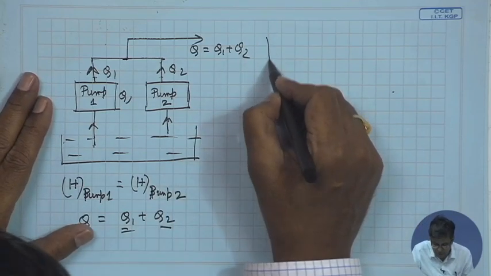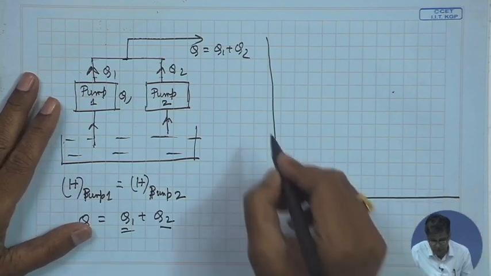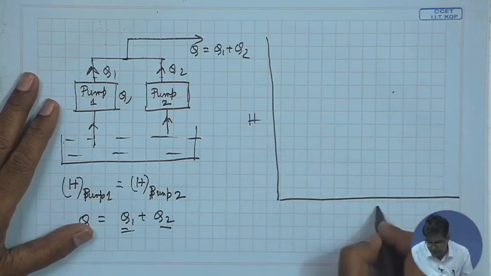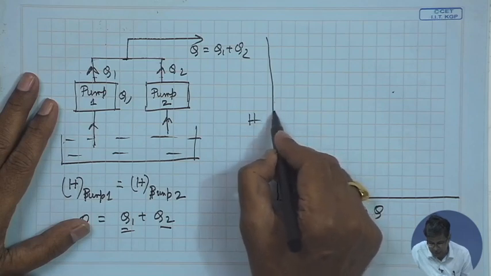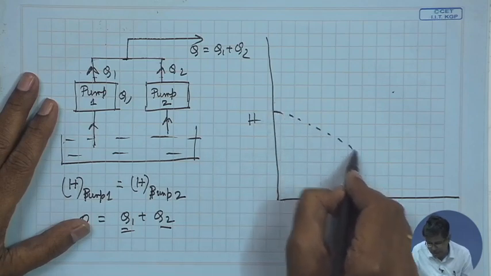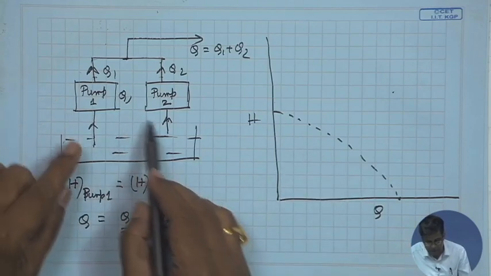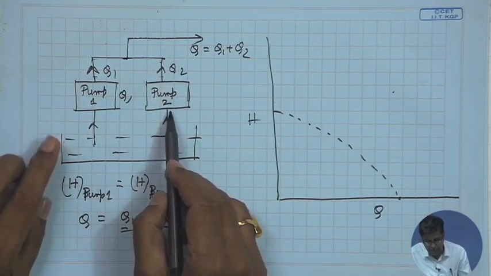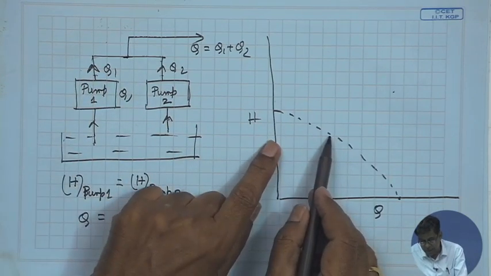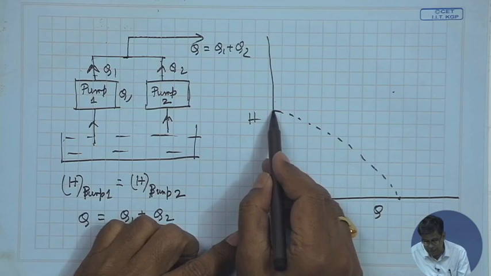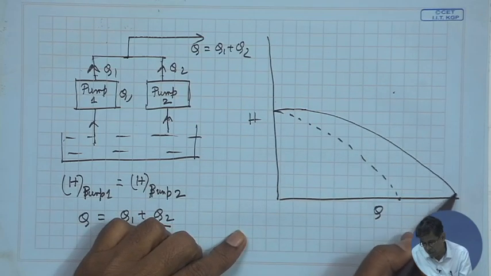Here also we can draw the discharge characteristics. If we consider two identical pumps, pump 1 and pump 2, and we have a head discharge curve like this for one pump, here the discharges are added, the flow rates are added. So, for any given head, the flow rates will be added. It starts from here and ultimately shows like this.